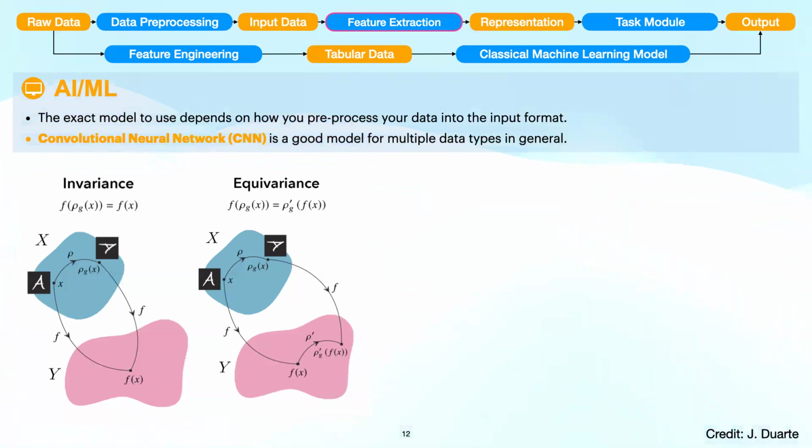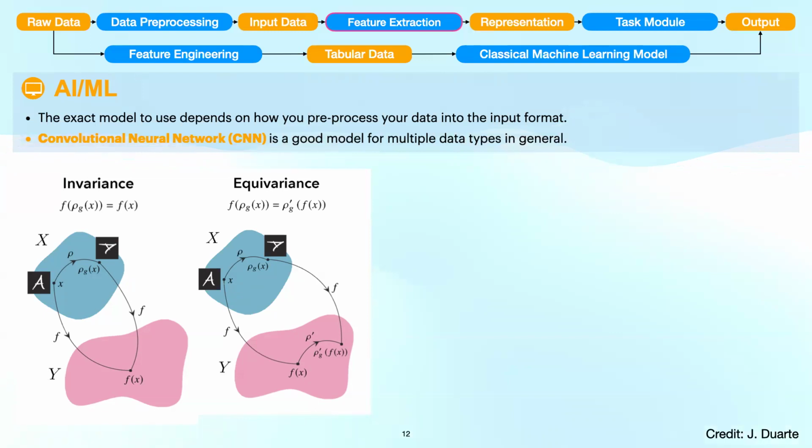So if you have an image A in your input space and you rotate it by 90 degrees, this corresponds to a certain kind of transformation in the input space, a rotation transformation. Invariance means if you feed this A before the transformation into your neural network, it gives you output f(x). If you perform this transformation and feed it into the same neural network, it gives you exactly the same output. This is what we mean by invariance.